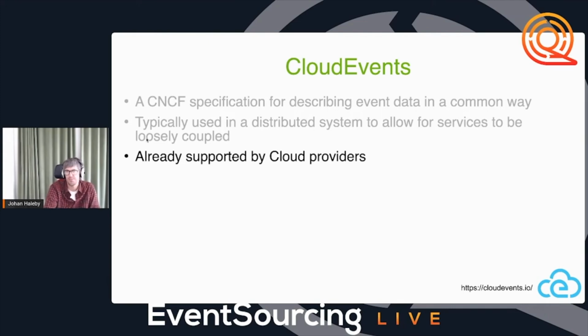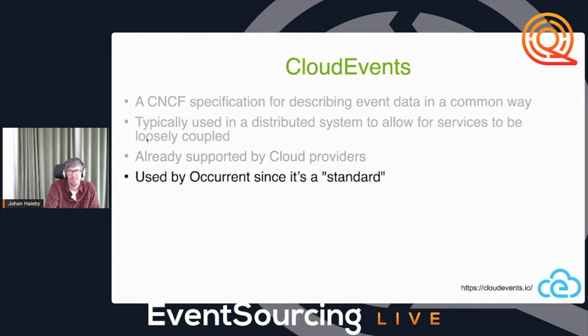So for example, in Google Cloud that we are using, they have a special kind of functions called CloudEvent functions that can be invoked directly as a response to events from their infrastructure components, such as Google Cloud PubSub or Google Cloud Storage, which is their equivalent of S3, or Firebase events, etc. This means that you can easily pipe events, if this is something that you want to do, from the event store to something like PubSub and gain access to a lot of functionality. So that's pretty cool. And it's used by Occurrent since it is a standard.